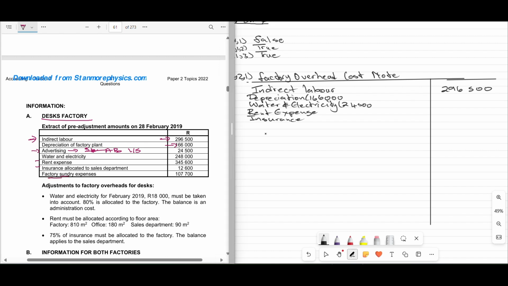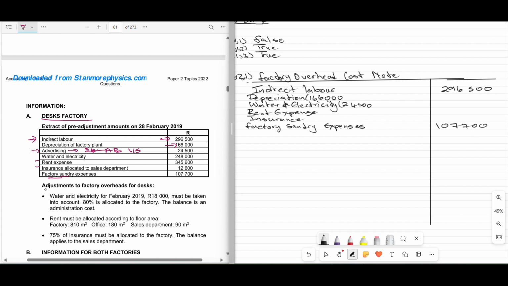You see, factory sundry expense, and it is given here, 107,700.